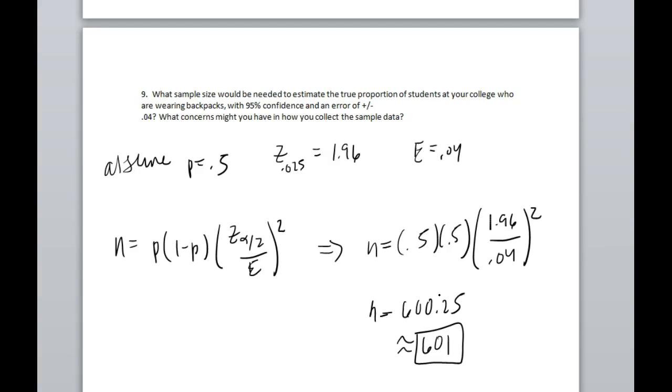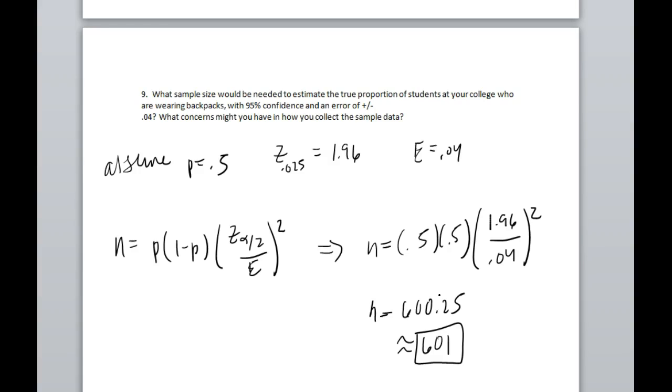Say you collected this at noon on a Tuesday at the student union. You're more likely to see backpacks than if you were to collect it outside of your 5:10 to 6:25 class that you go to on Tuesday and Thursday nights. Those people might be people that work, so presumably they drove there, and maybe they don't have a backpack, maybe they're just bringing their book and a notebook to class. So that would be a concern on how you collect data.